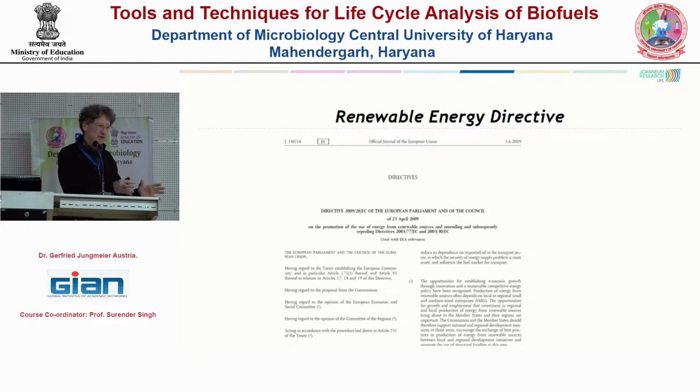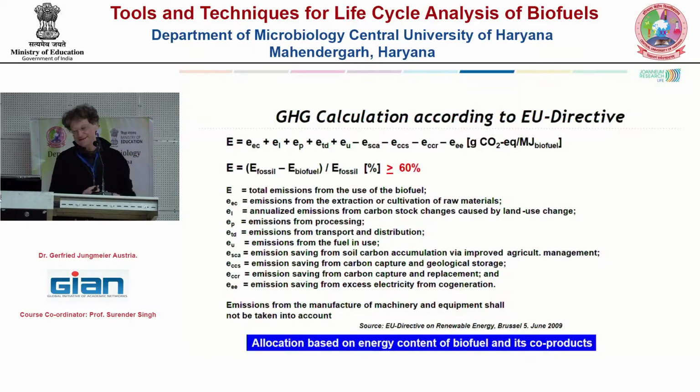And the system installed is really from the farmer to the processing until the final consumption. And this is a directive starting in 2009, where they introduced this LCA thinking, and it's not in the main text. In the annexes, as I already mentioned, is a formula.